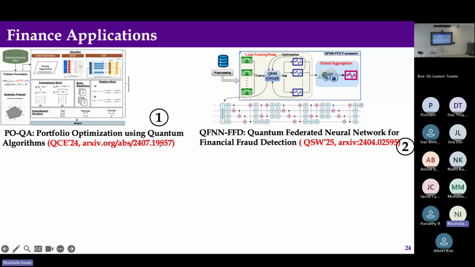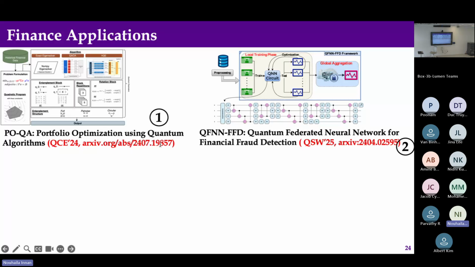So in this work, we propose an architecture for fraud detection. But the problem we tackled is that quantum machine learning models are usually not secure and private by default. If you are working on the application side, sometimes your customer can be, for example if we are talking about fraud, a bank. So we are dealing with sensitive data, and we cannot just use the model directly and enter all the details.